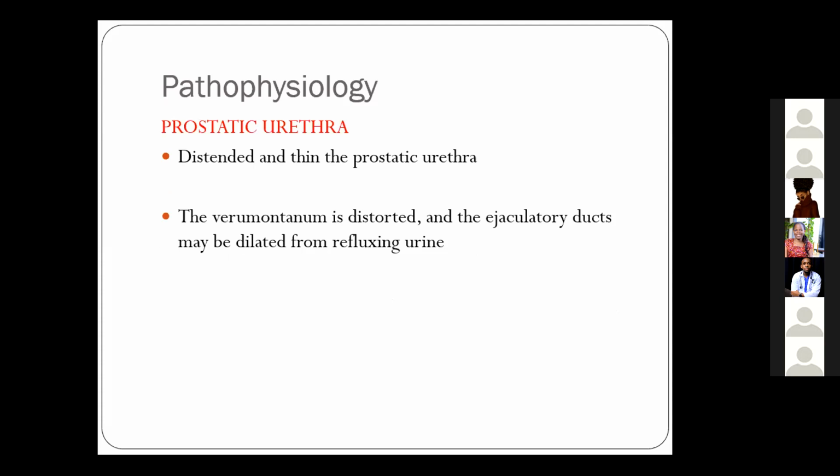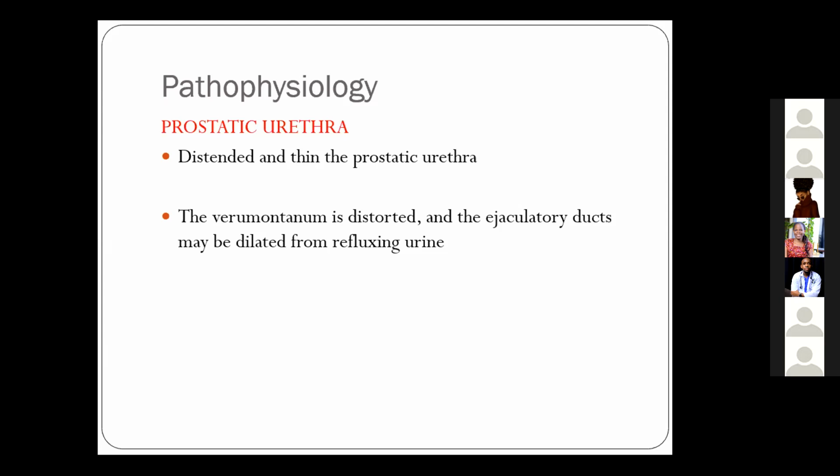Now, in the prostatic urethra, what happens? Because these valves, we said, are just at the end of the prostatic urethra, we expect that the obstruction will have very serious effects on the prostatic urethra. And the prostatic urethra will be distended and thin.